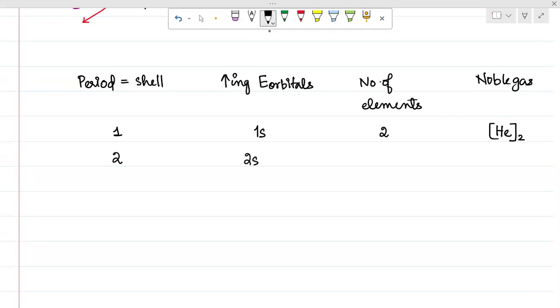We know that 2s and 2p. This is in increasing order also. 2s is less energetic than 2p. We have learned about the n plus l rule. So we know that s can take 2 electrons, p can take 6 electrons. So there are a total of 8 electrons and hence the number of elements that are present is 8.